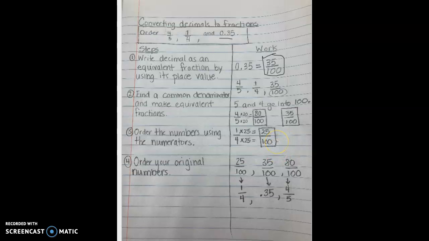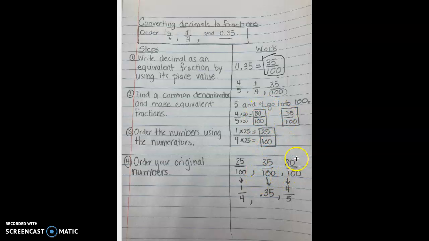Now that you have them all converted, you're going to order the numbers using your numerators. You know that 25 will go first because 25 is smaller than 35 and 80. The next number is 35 over 100.